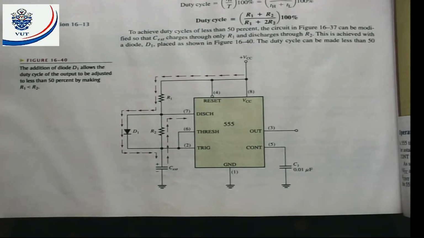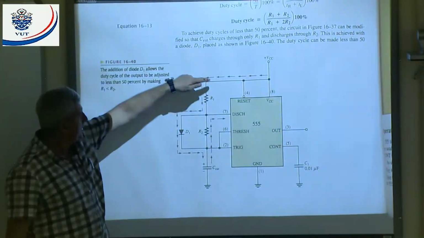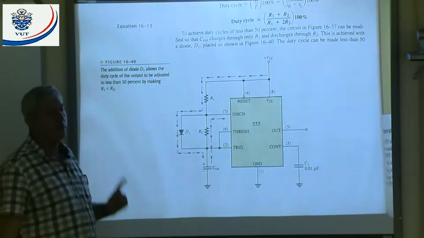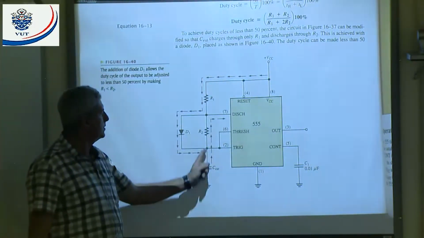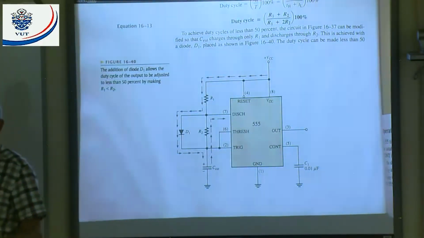If I want a duty cycle of less than 50%, I must add a diode in parallel with R2. That means you charge the capacitor through R1 and the diode. When you discharge it, you can only discharge it through R2. That's the difference if you want a duty cycle of less than 50%.